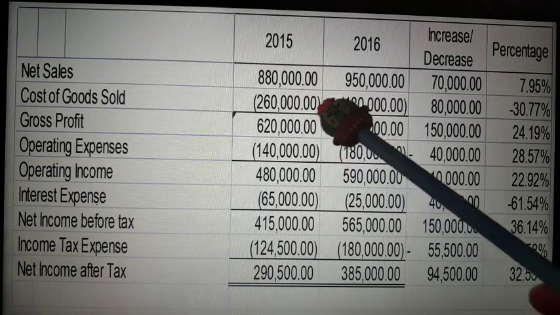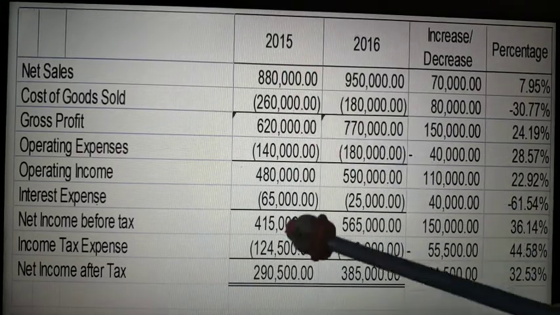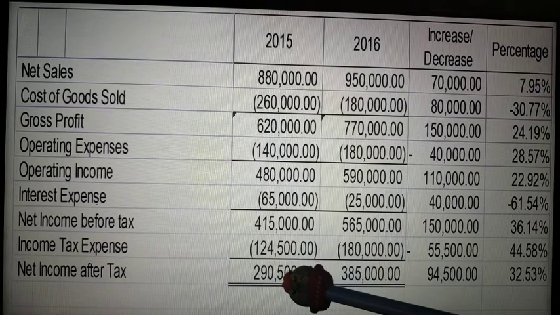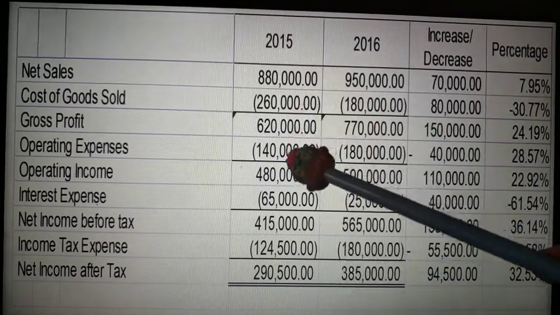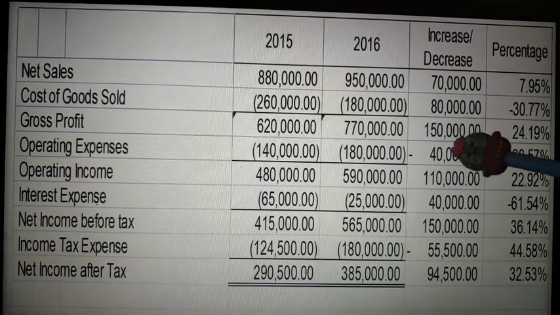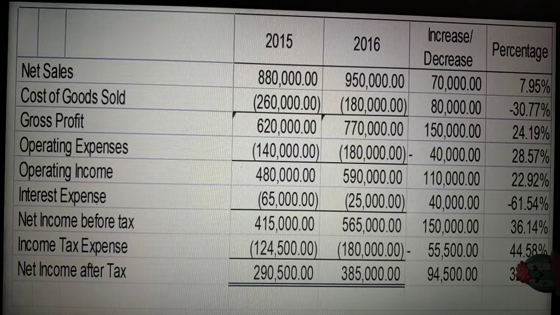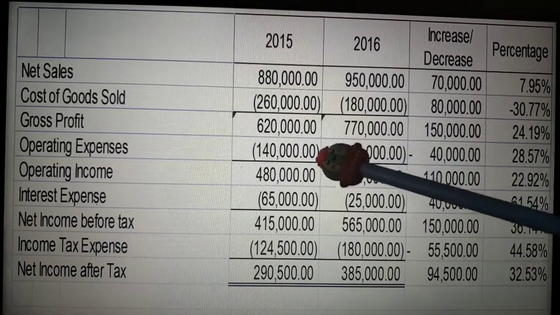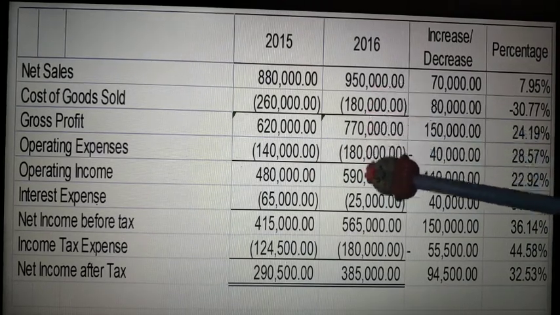Okay. So, the same process with all of the amounts inside the statement of comprehensive income. So, gikan diri, i-minus nimo sila diri. And then, makuha nimo ilahang increase and decrease. Then, makuha pod nimo ilahang percentage of change. So, remember, kaning open and close parenthesis is operation na niya sa kaning iyang straight.